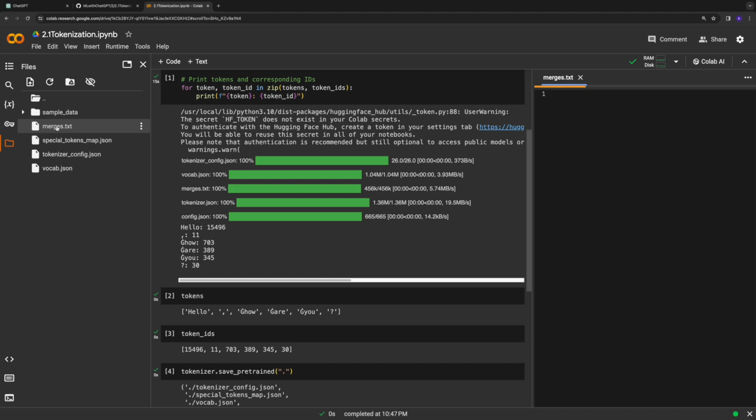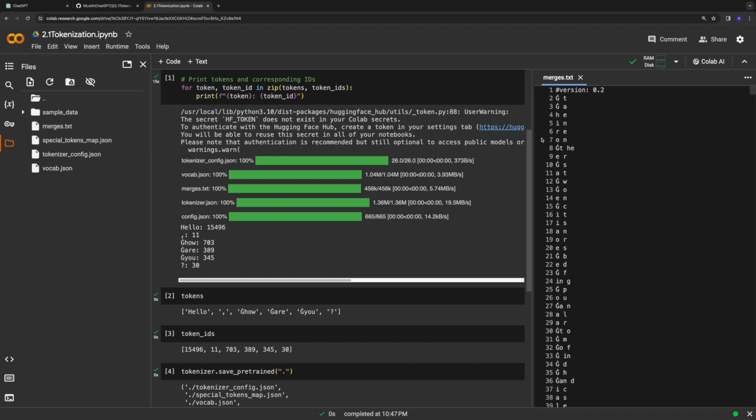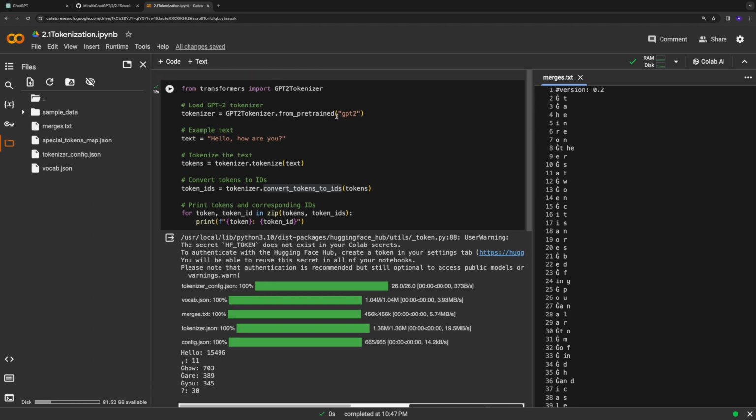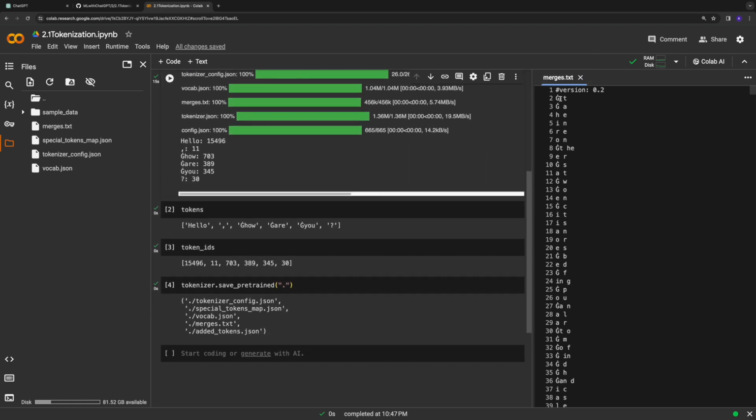And it has merges, because it uses this Ġ as a blank. It's merged together. So this is how they merge together.